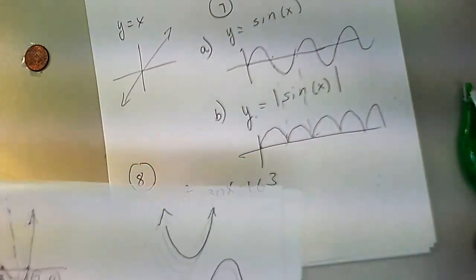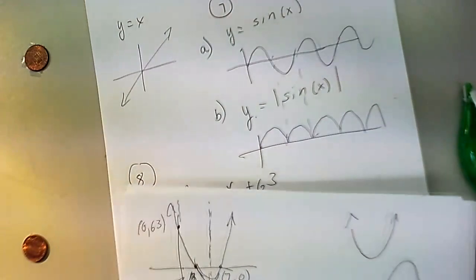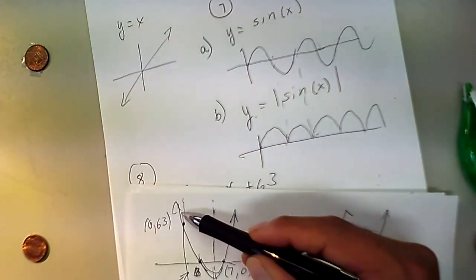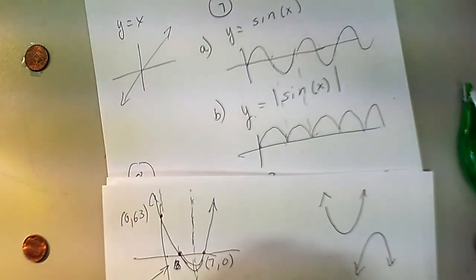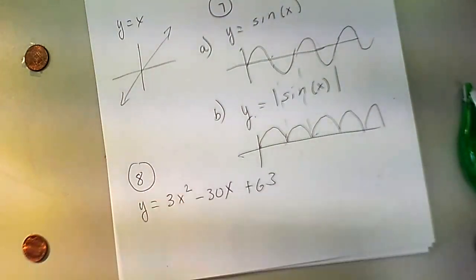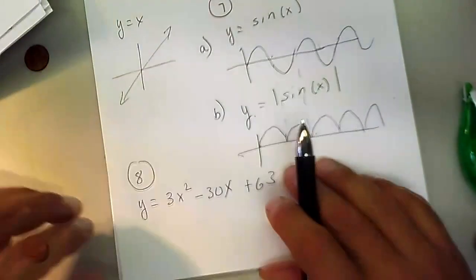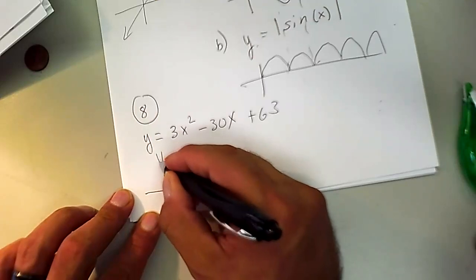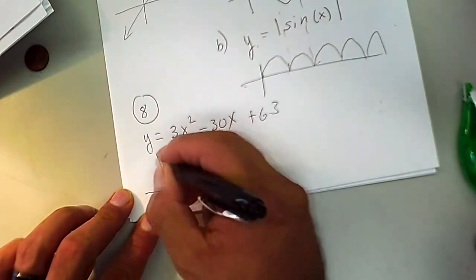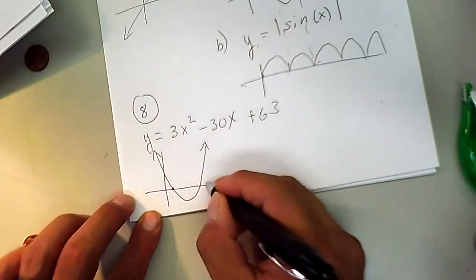This was our example 1. And when we did it, we said, oh, the parabola goes through 3 and 7. I'm going to focus on that, 3 and 7. So this, we already did this, and the parabola goes like that, okay? And this point is 3, and this point is 7.